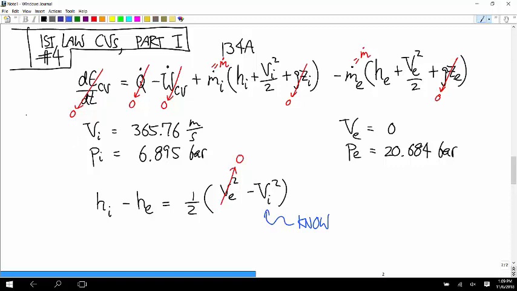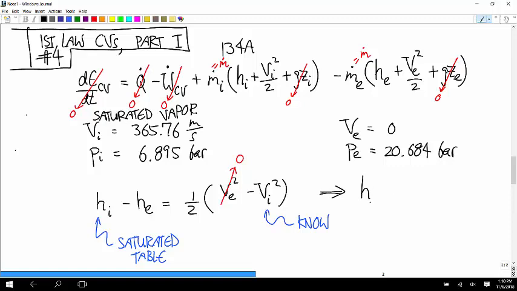It starts as a saturated vapor. So at the inlet, it's a saturated vapor, which means having the pressure is enough to look this up in a table. So the enthalpy at the inlet comes from the saturated table. And so this is enough for us to calculate the specific enthalpy at the exit.